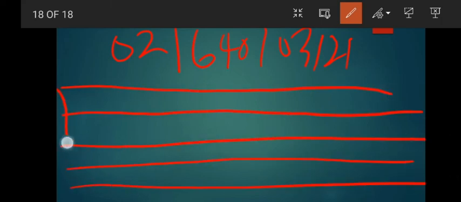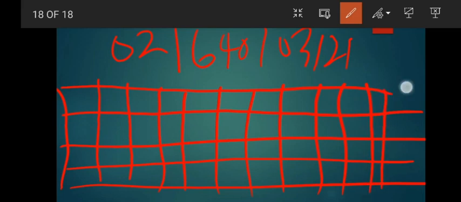So again, you have 4 frames: 1, 2, 3, and 4. We will be using the least recently used algorithm. So again, you have your 0, which serves as your page fault, your 2, your 1, and your 6. So they are page faults.